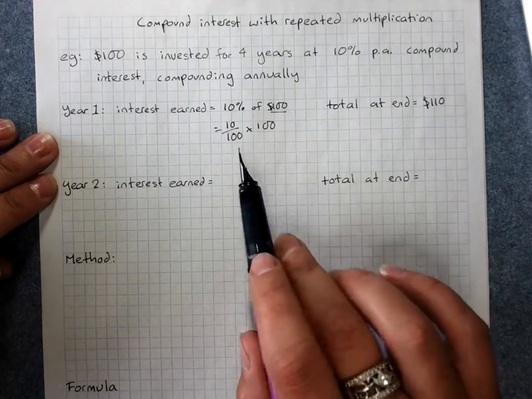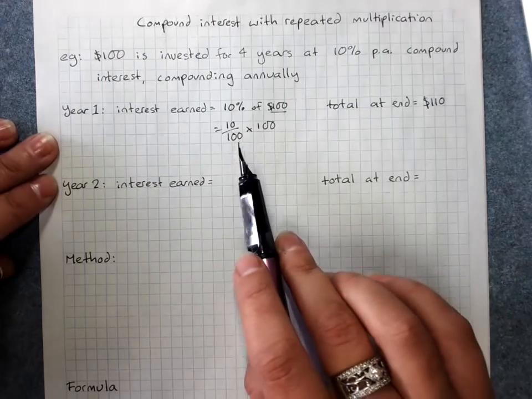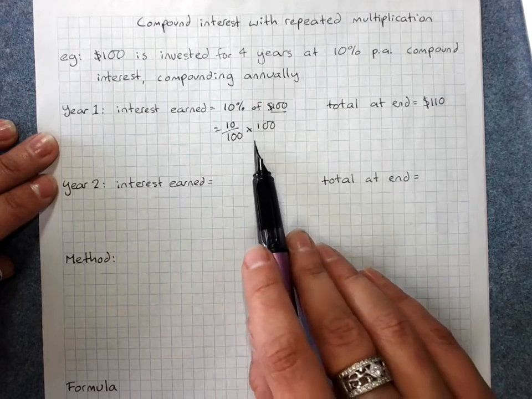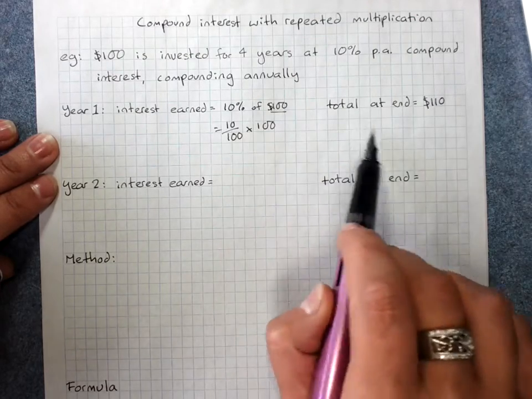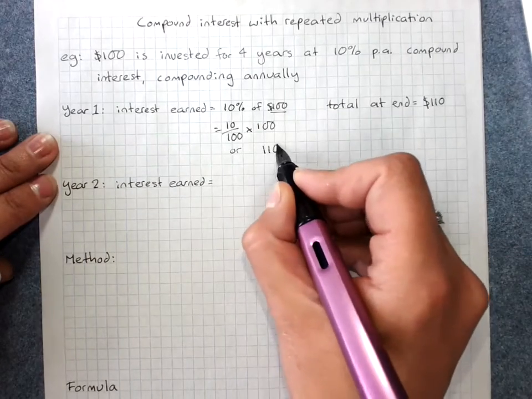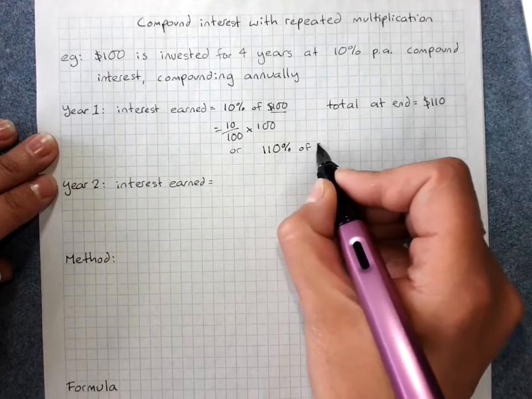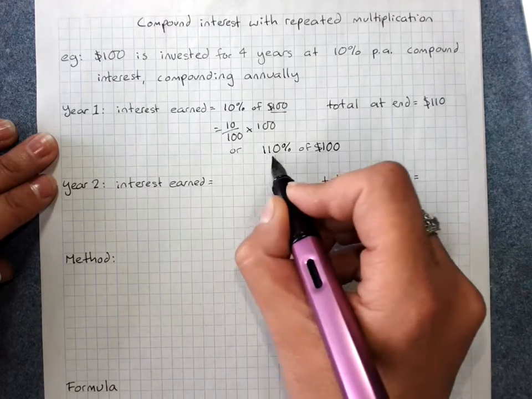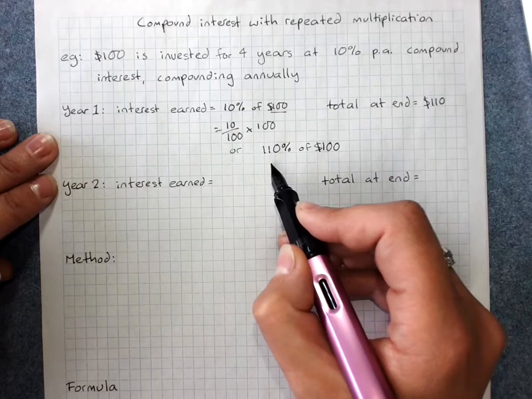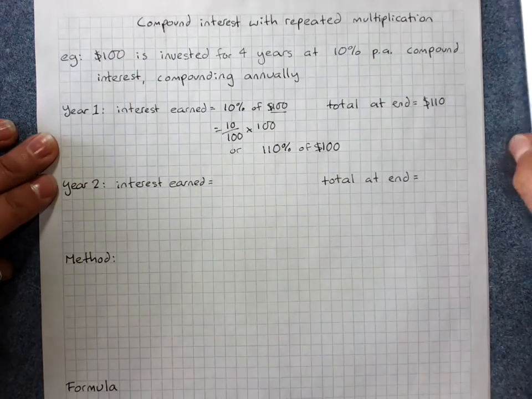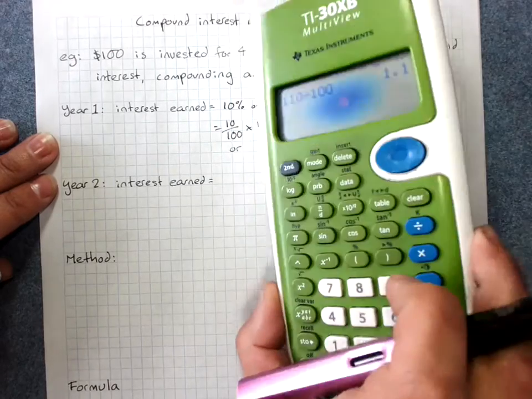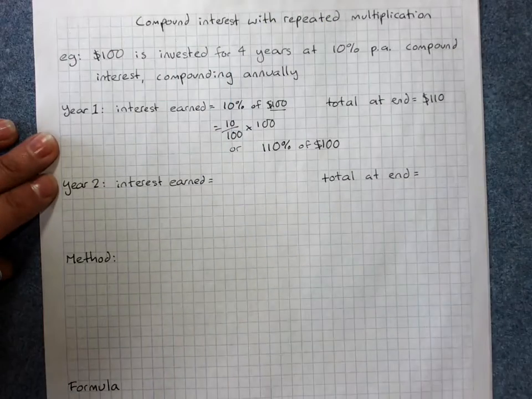Now, what I could have done instead, and you might remember this from year 8, increasing or decreasing by a percentage, is since I knew I wanted to add on 10%, I could have found 110% of $100, which would be 110 divided by 100. And if I double check, that's multiplying by 1.1.